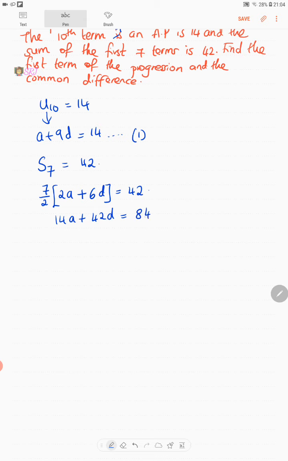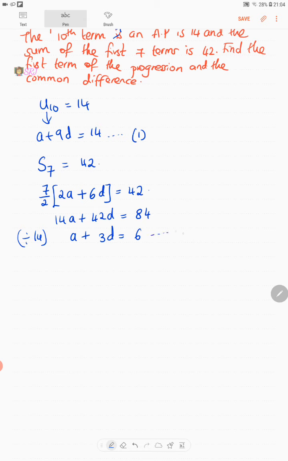And then we can divide this equation by 6. We obtain a plus 3d is equal to 6.